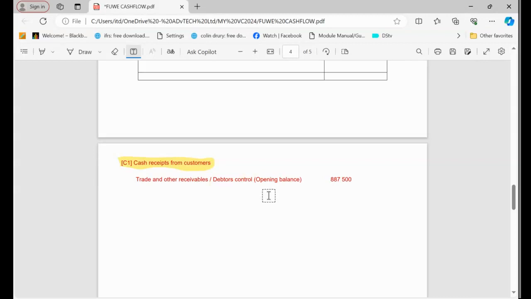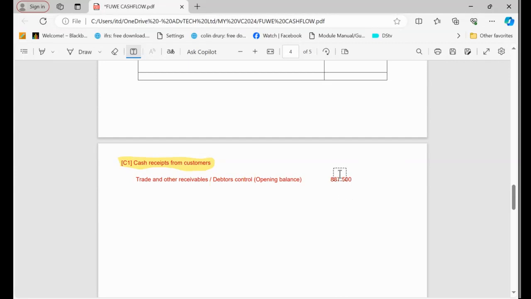Okay, no problem. Remember, we are trying to get cash from what? From the customers. Now, I want to make it practical. If we started, in other words, at the beginning of the year, with the customers owing us this amount, okay? Yes. So during the period, we sell to customers.